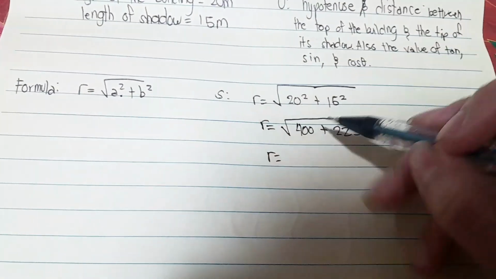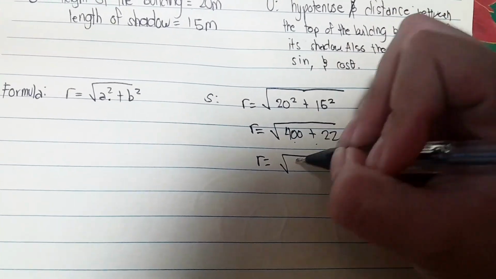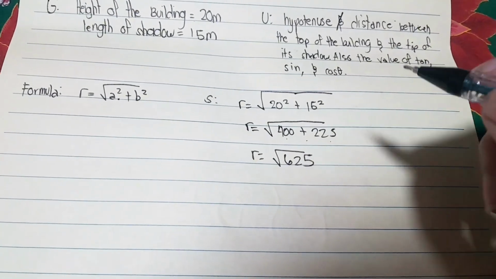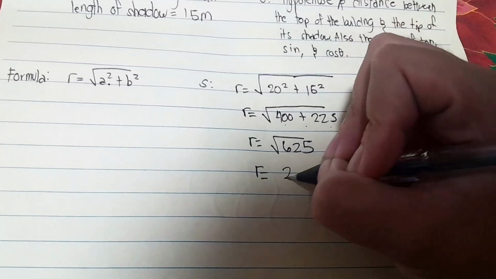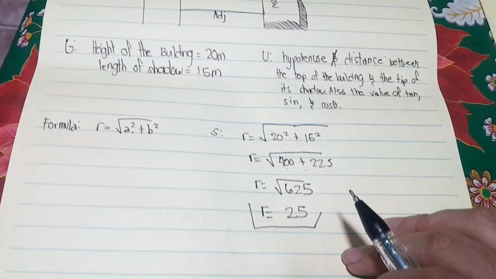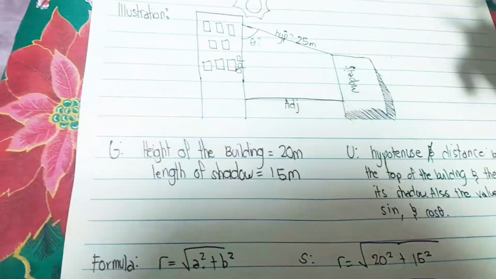Then, pag-plusin natin, 400 plus 225 is equals to 625. So, R is equals to square root of 625. The answer is 25. So, we now get the value of hypotenuse, which is 25 meters long.